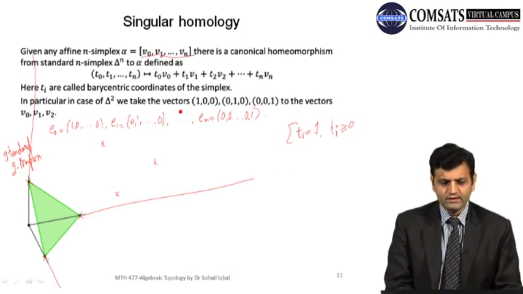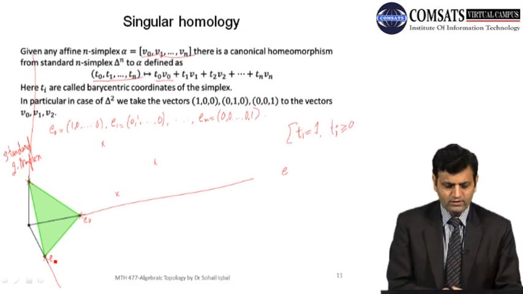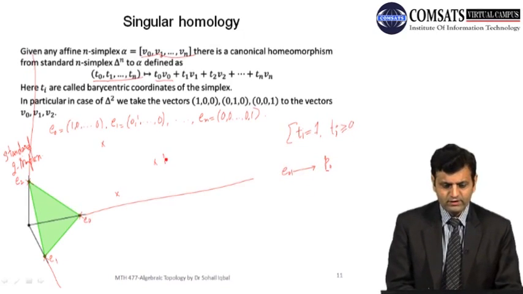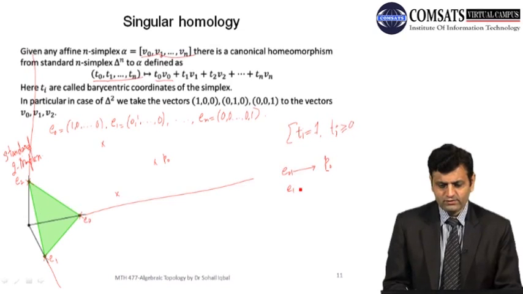So what we are doing is basically translating this standard 2 simplex to the simplex generated by the points. For example, let's say this is E0, E1, E2, and E0 goes to the point P0, E1 goes to the point P1, and E2 goes to the point P2.